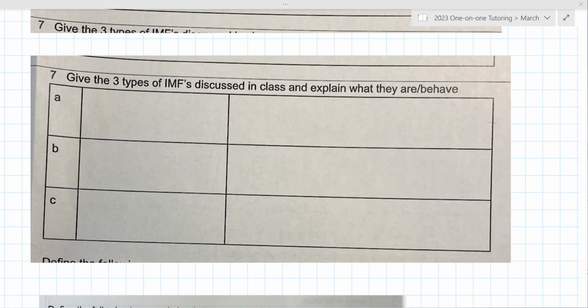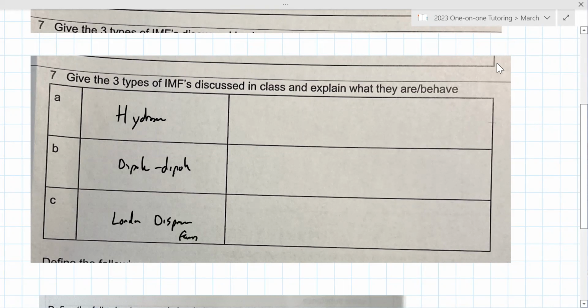Those are the three most common ones: London dispersion forces, dipole, and then hydrogen bonding. Yeah, we're doing hydrogen bonding, dipole, and London dispersion forces. Okay. Hydrogen, dipole, and then London dispersion. Yeah.